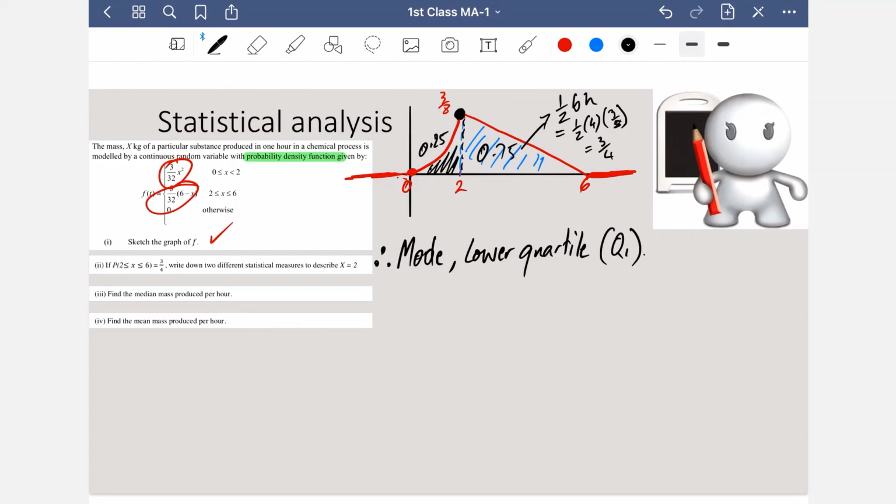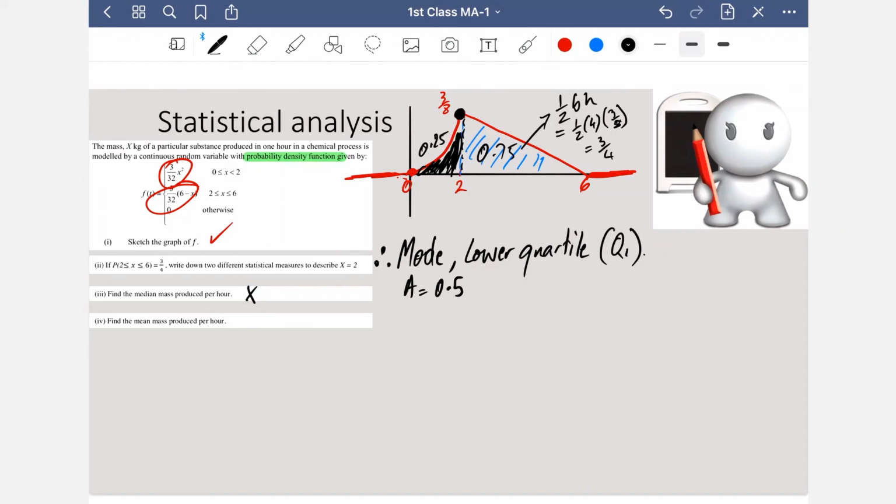All right. Now what we're after is to find the median. So we want the value of x that represents the median. Now we know from 0 to 2 is 0.25. So remember, the median is where the area under the graph equals 0.5.